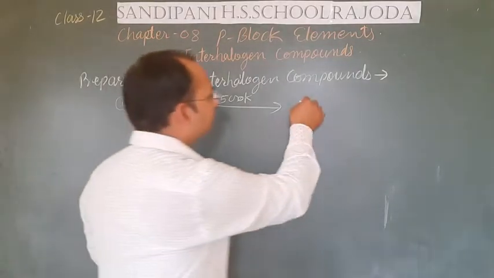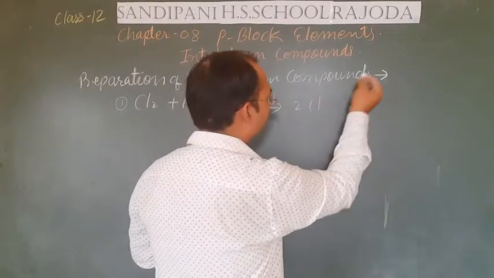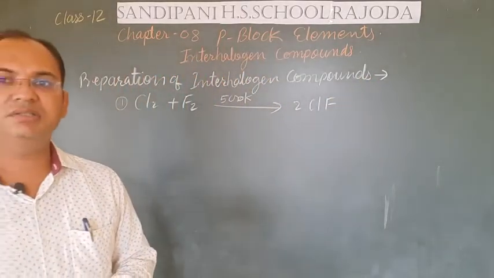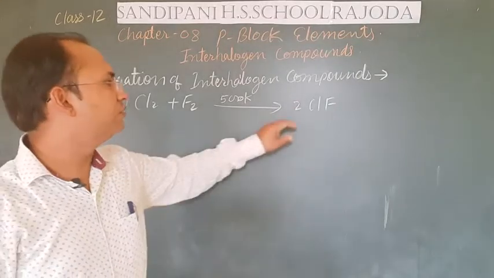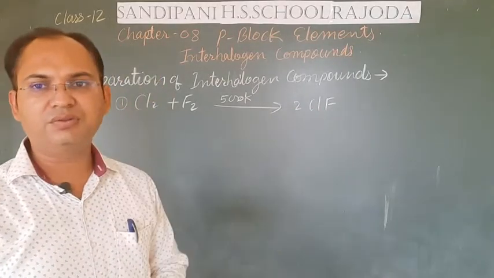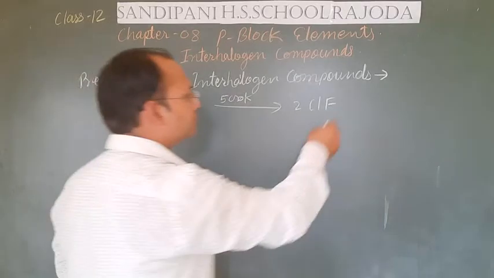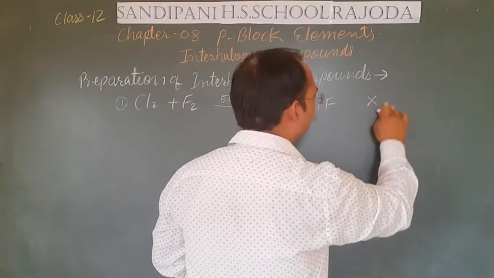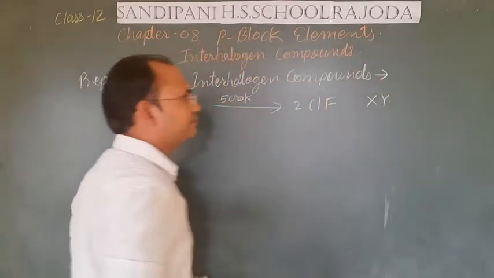Then 2 chloromonofluoride ClF is formed. This is the first type of the interhalogen compounds, or we can say XY type, in which the first halogen is only 1 and second halogen is also 1.